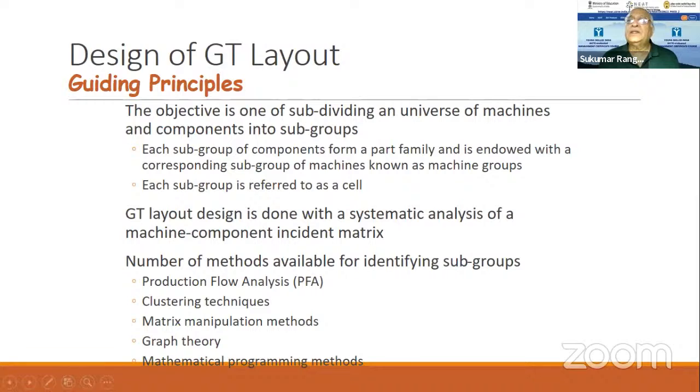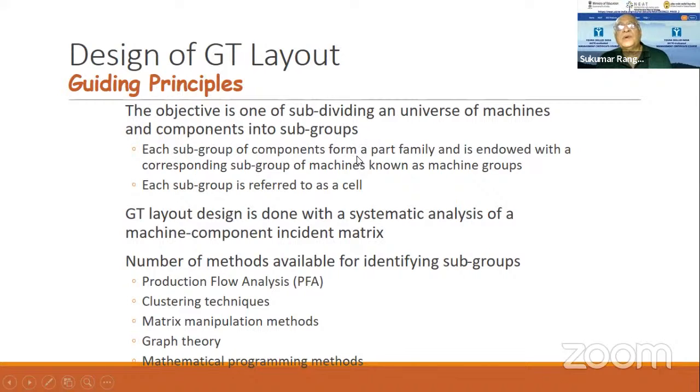So designing of group layout, the principles are: the objective of subdividing a universe of machines of a particular type and components into subgroups.